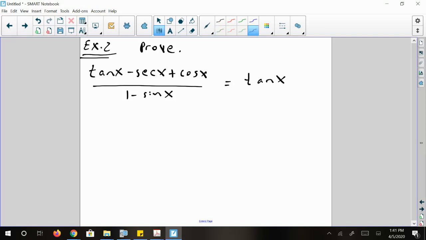So let's do a little bit of legwork here at the beginning. Let's change this tangent of x into sine of x over cosine of x. And I'm also going to change the secant of x into 1 over cosine of x, okay? Everything else I'm going to keep the same for right now.